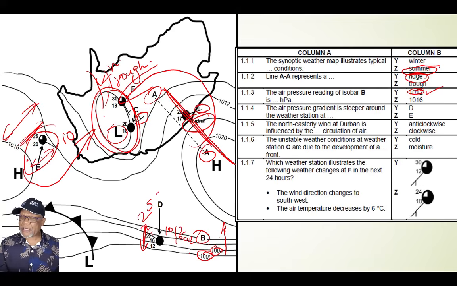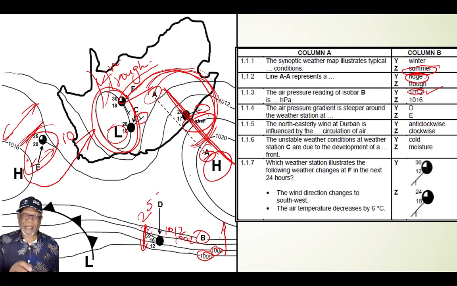So the question is, the northeasterly wind at Durban is influenced by the circulation, anti-clockwise or clockwise. Now we're saying it is because of the anti-clockwise. The influence is mainly because of what? Of this South Indian high pressure cell, and this side, the South Atlantic high pressure cell.